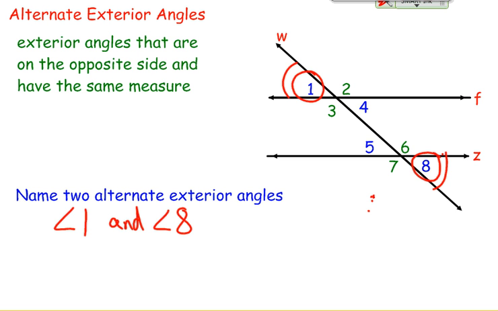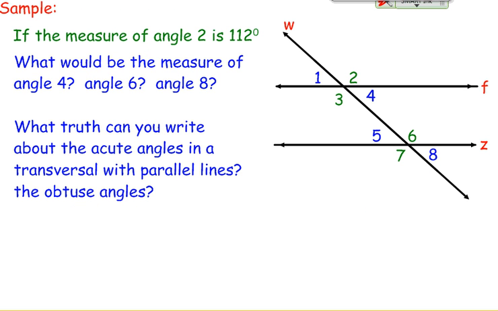So what would be the second set of alternate exterior angles? Go ahead and do it. All these definitions leave a lot to understand. We see relationships. And what you're going to do in your sample is start applying these definitions by looking more at numbers, when I give you the measures of angles.